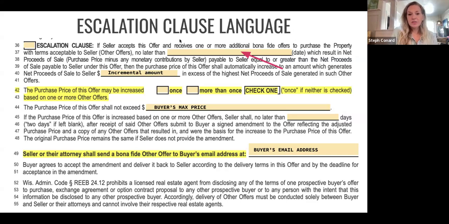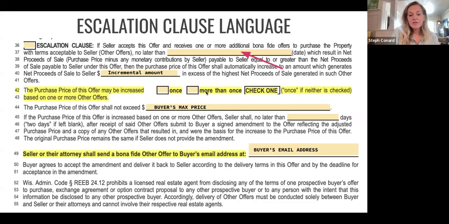And you need to show us this other offer and make sure that you did not receive this offer beyond the date that we named on line 37. The purchase price of this offer may be increased once or more than once based on one or more other offers. So you're going to check mark which one here.